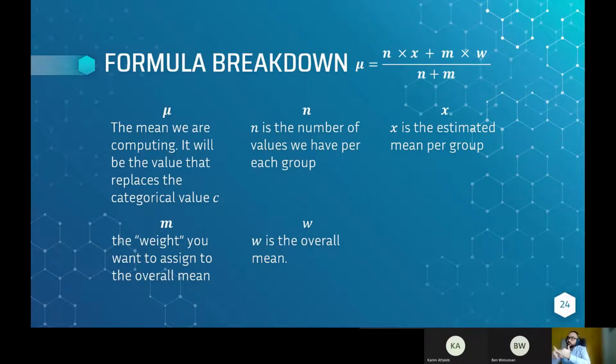However, here we have one hyperparameter, the M, which is the weight. That's why we call it the weighted or smoothed mean, because it's a certain number that modulates this mean.